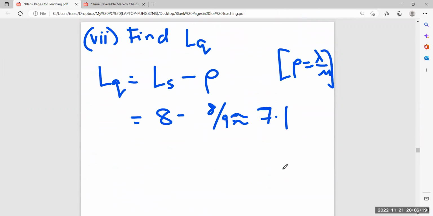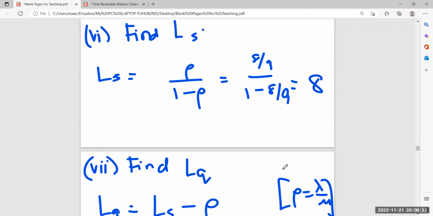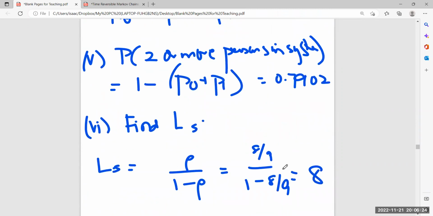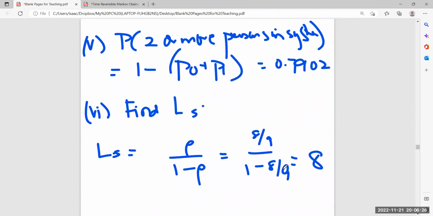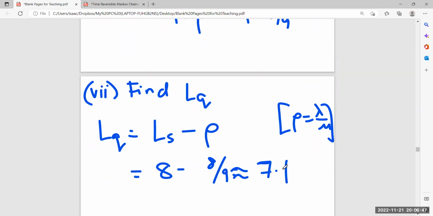All right. Five. Okay. Like in this case, what? I see. Which one? Yeah, that's probabilities, so that's P0 plus P1, yeah. You got it? All right.